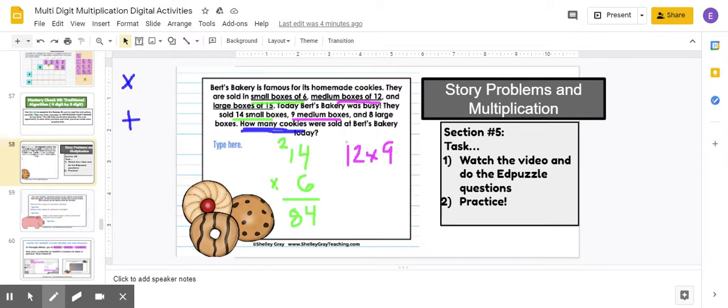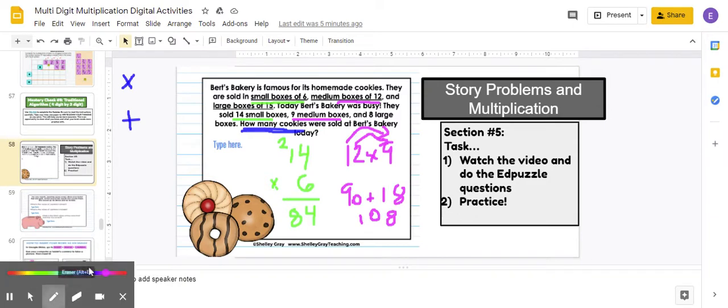Actually, it's really the distributive property. So I'm going to take my 10 and multiply it by my 9 to get me 90. And I'm going to take my 2 and multiply it by 9, and it's going to get me 18. And when I add those together, I end up with 108 cookies.